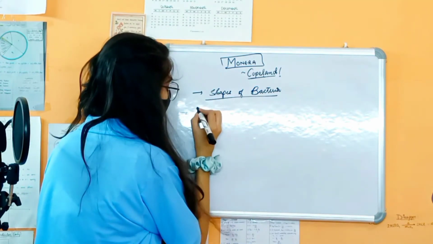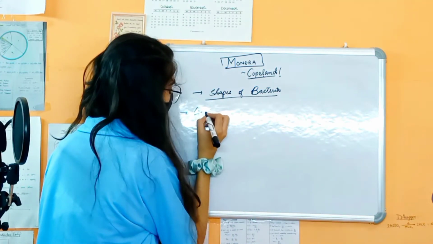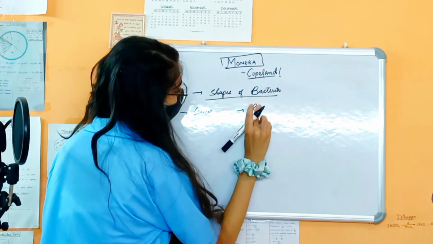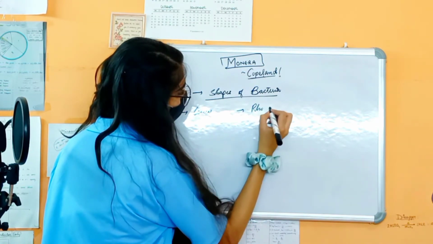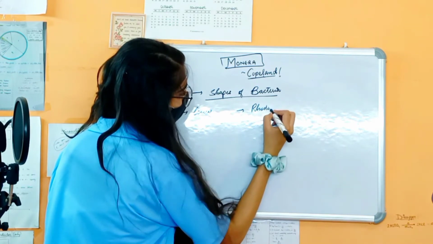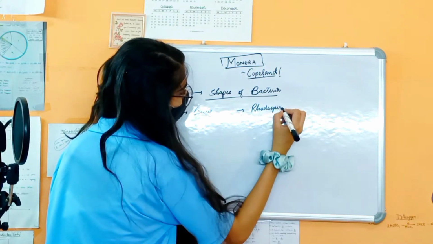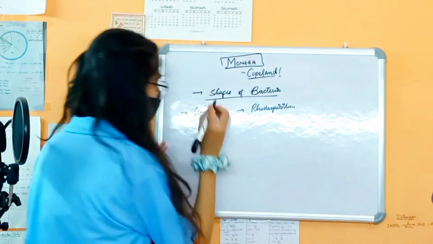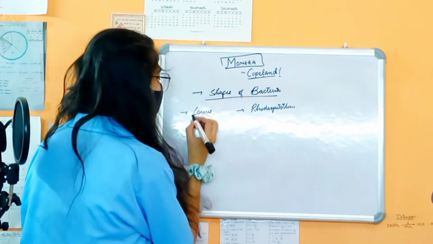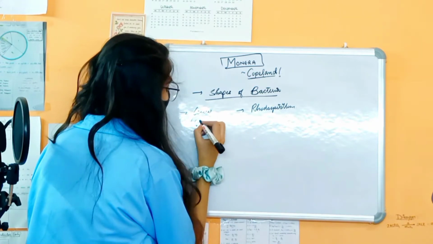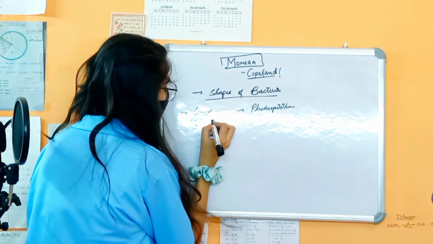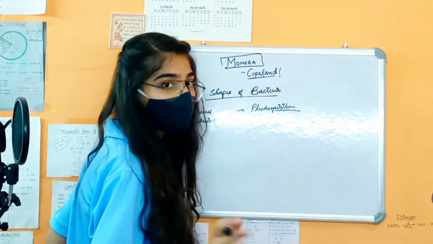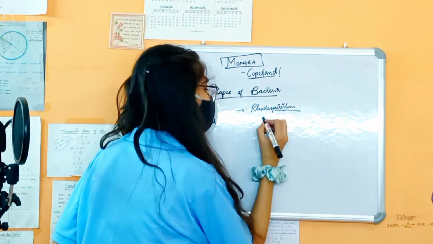There is Coccus, Rhodospirillum, Spirillum. Let's see these two first. Coccus is basically spherical. Rhodospirillum, spirillum means spiral.